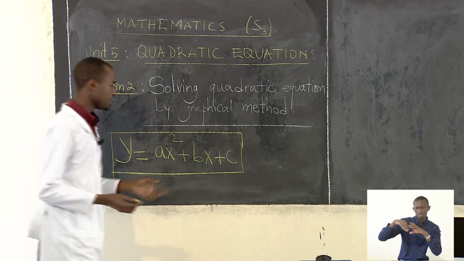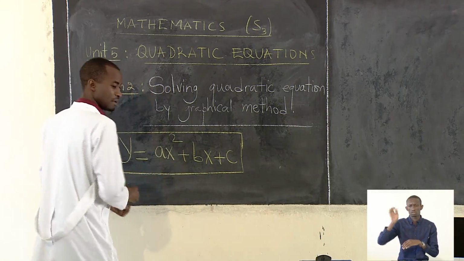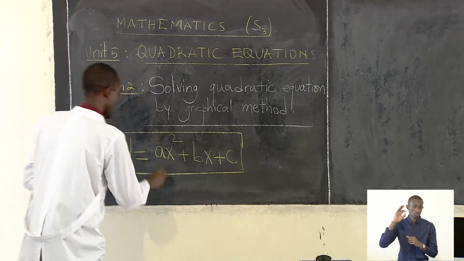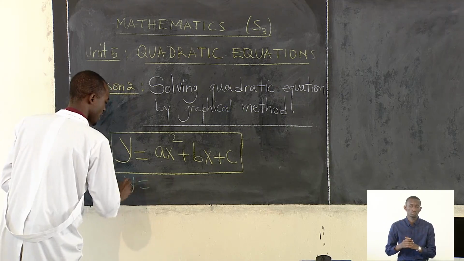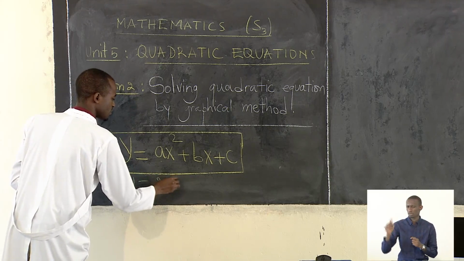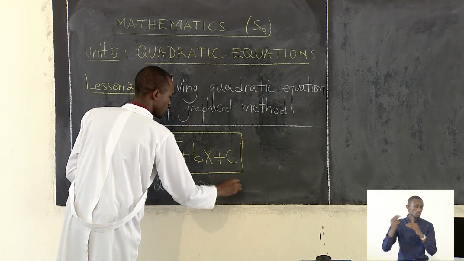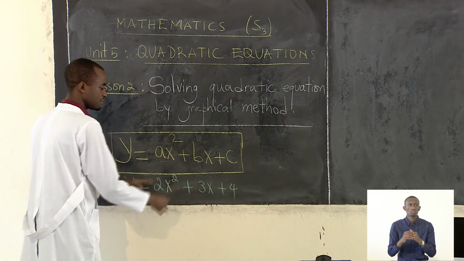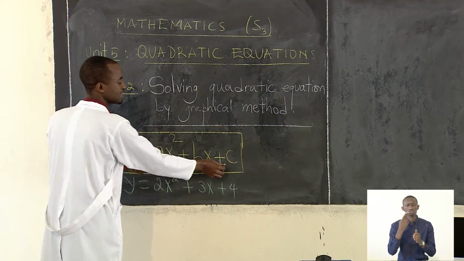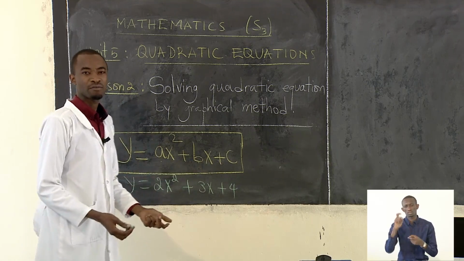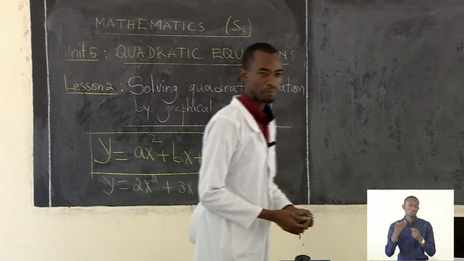And if you have some values for a, for example, y equals 2x squared plus 3x plus 4, whenever you have some values standing for a, b, and c, you now have what we call a quadratic equation.